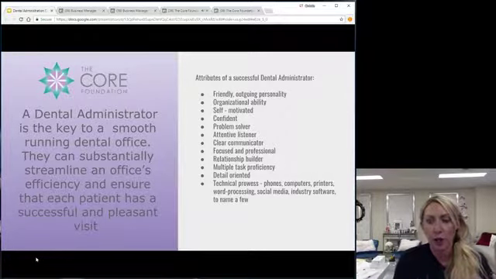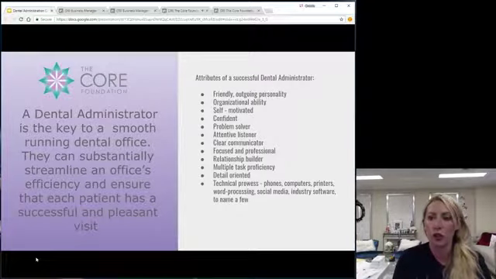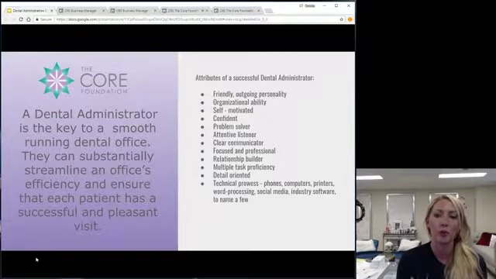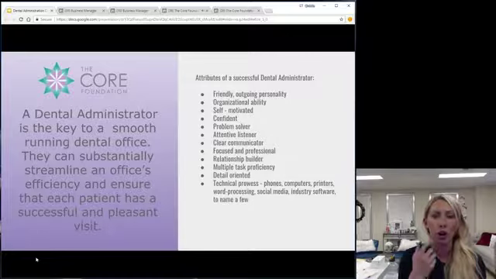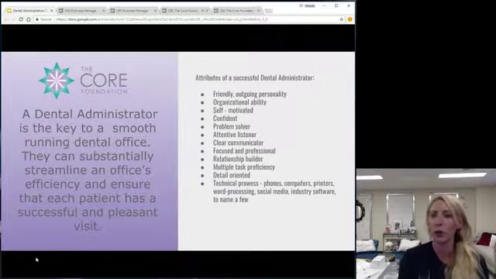There are certain key characteristics that make a really successful dental administrator. Definitely have to be friendly and outgoing. You have to be able to build rapport with people, and with the staff, the team. If you're going to lead a team, you have to be somebody that people want to follow. And inside of that, that's also being humble enough to know sometimes you're going to follow other people.